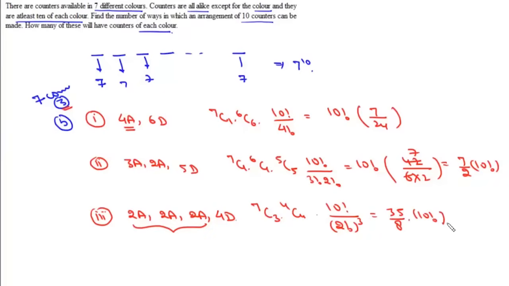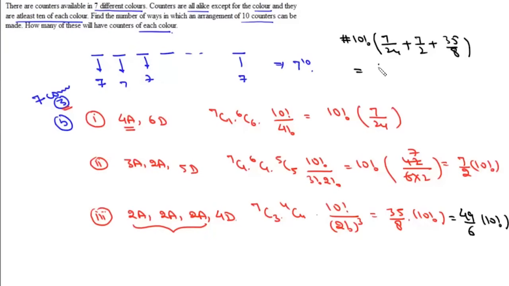Now if we add them all up, then number of possible arrangements will be factorial 10 into 7 by 24 plus 7 by 2 plus 35 by 8, which is 49 by 6 into factorial 10.